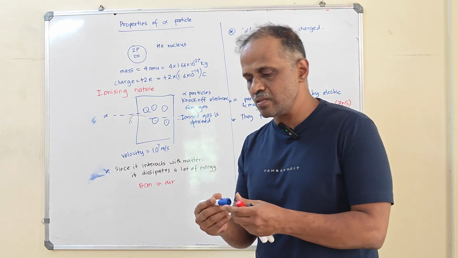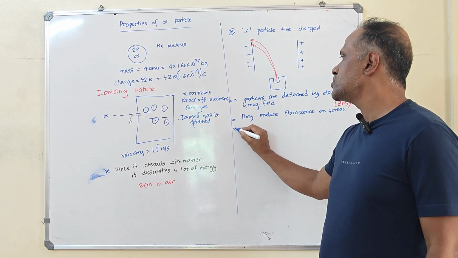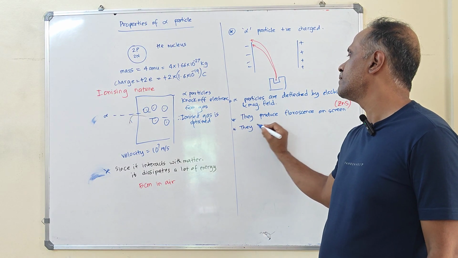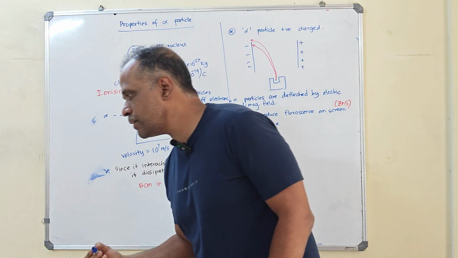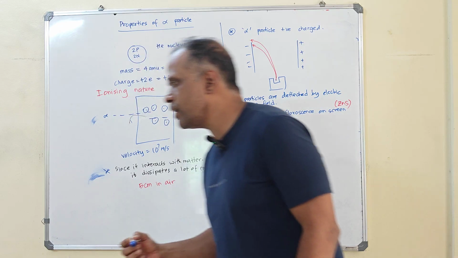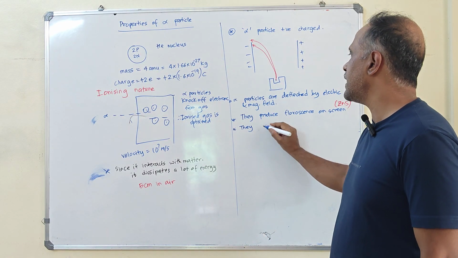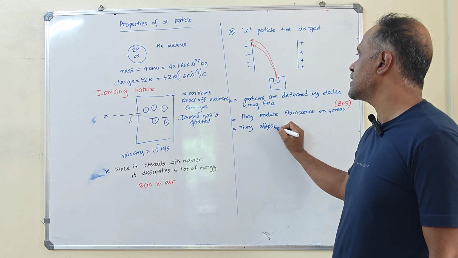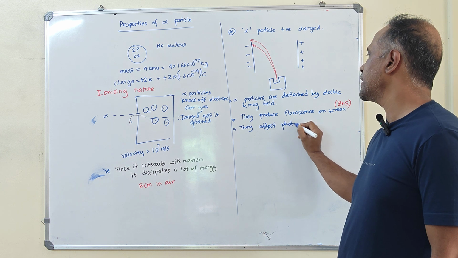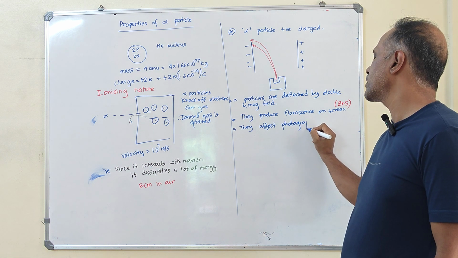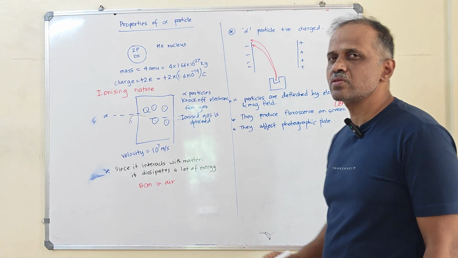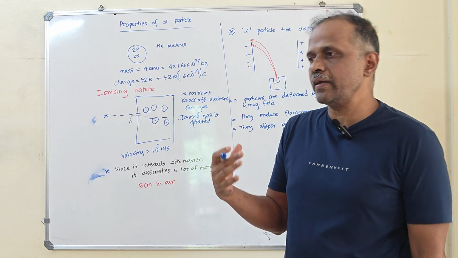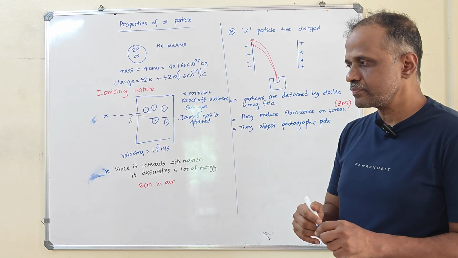They produce fluorescence on zinc sulfide screen. Also they affect the photographic plate, that is, they may produce some spots on the photographic plate where they strike.